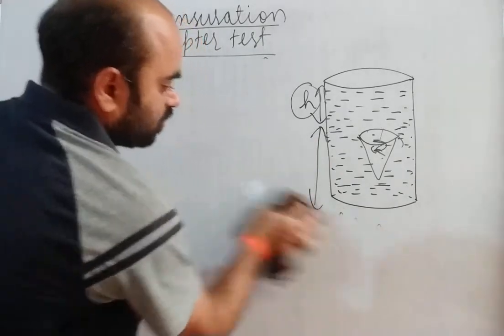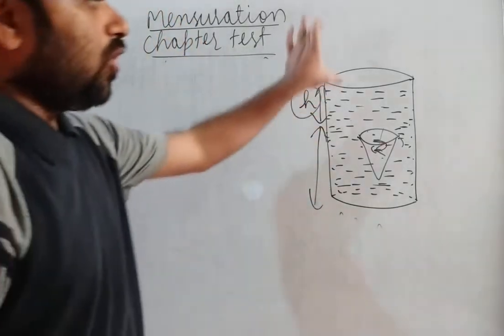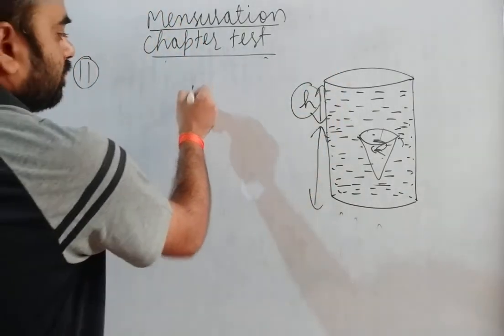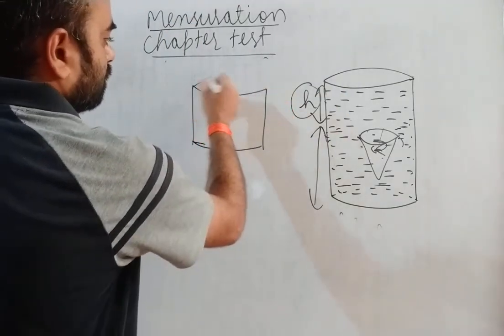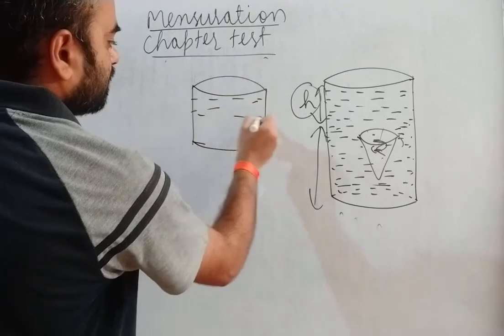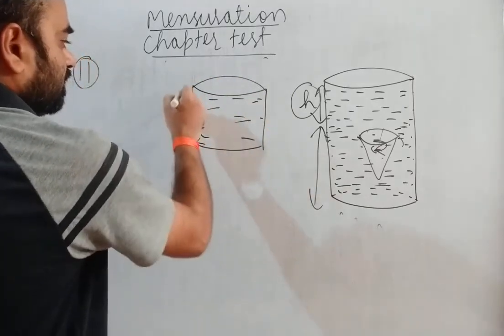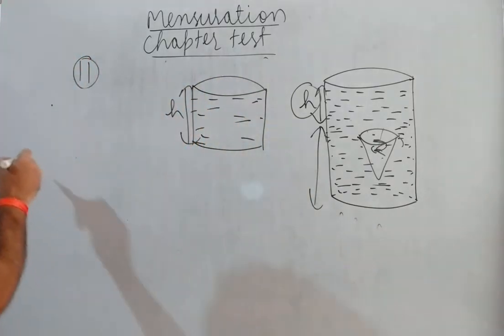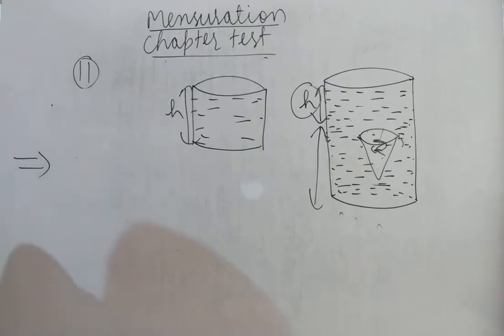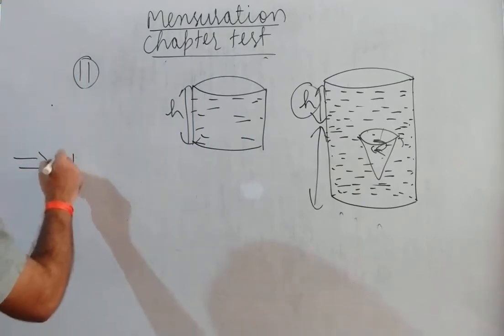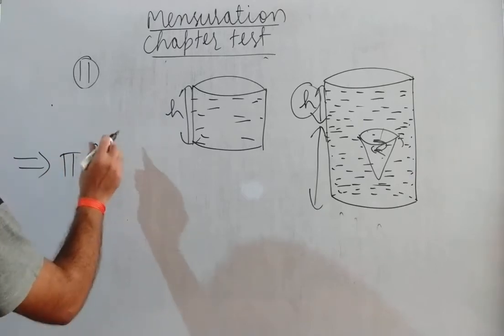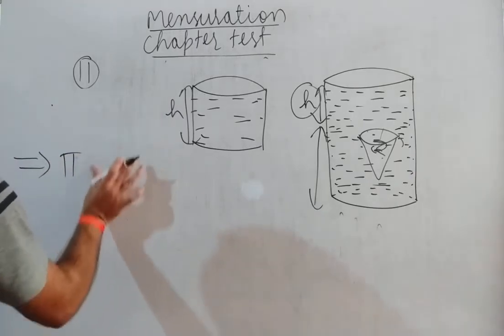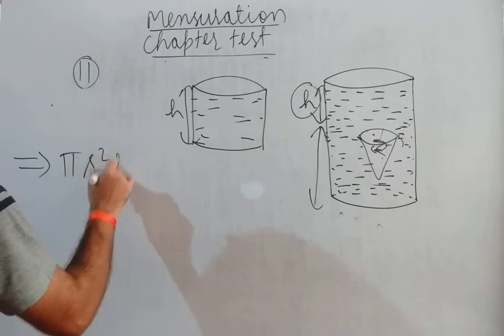Next, what is the volume of water risen? See, this is h, so that will be in cylindrical form. That is pi r square, suppose pi r square h.